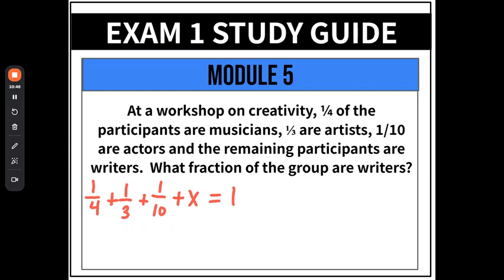So, let's figure out what common denominator we can create. I've got a 4, a 3, and a 10. Well, if I multiply them all together, 4 times 3 gives me 12, times 10 gives me 120, and that could work, but let's think about if we can make a smaller common denominator.